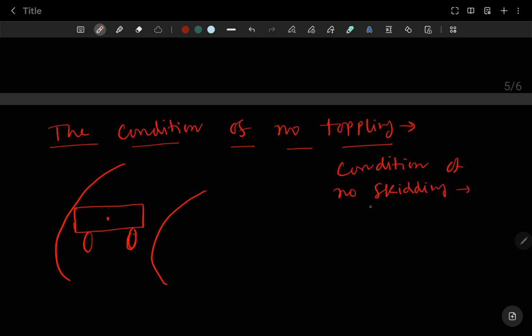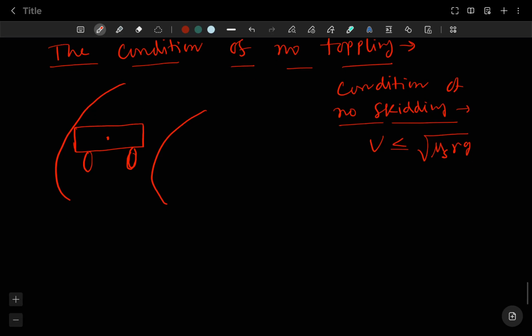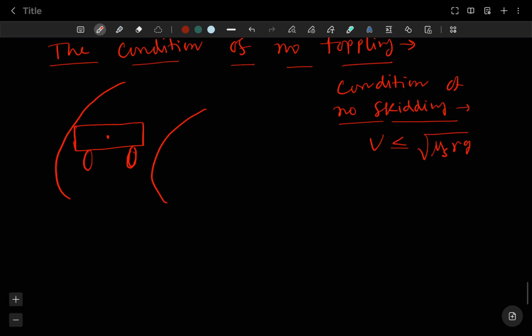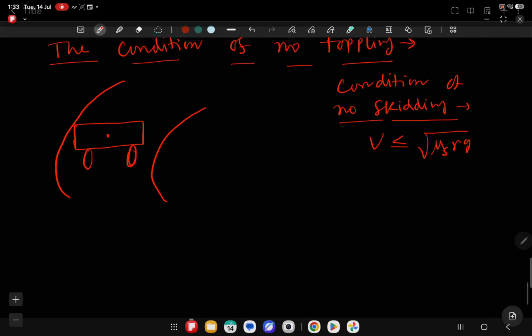It was v less than or equal to root mu s r g, isn't it? Now it is not about skidding, it is about toppling. So what will be the maximum velocity for which it will not topple? Beyond that velocity the car will topple.